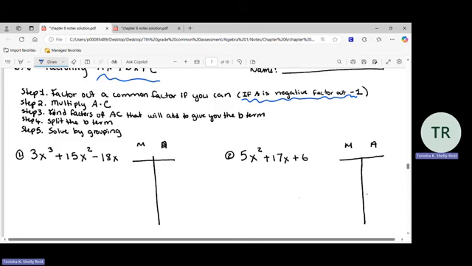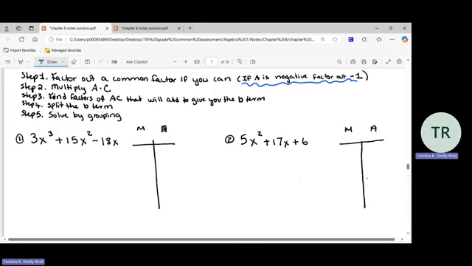So let's look at number 2. We have 5x squared plus 17x plus 6. It looks like ax squared plus bx plus c, so A is 5, B is 17, and C is 6. That's where we're getting those letters from.